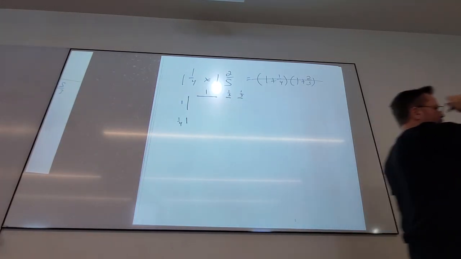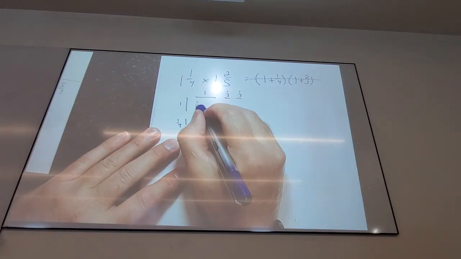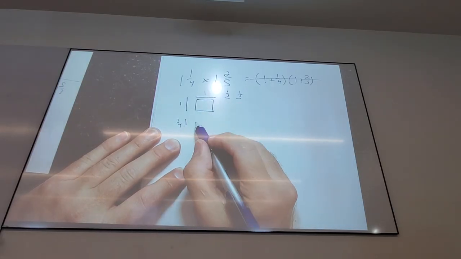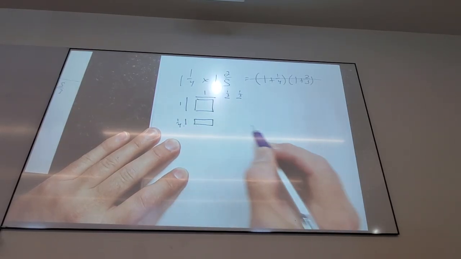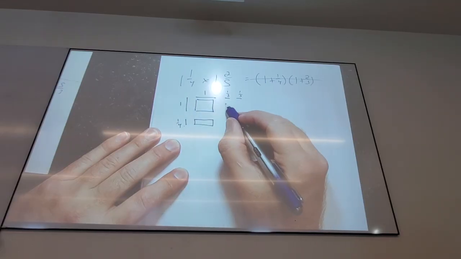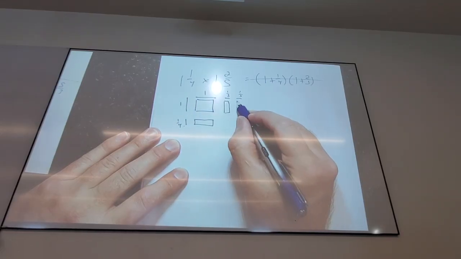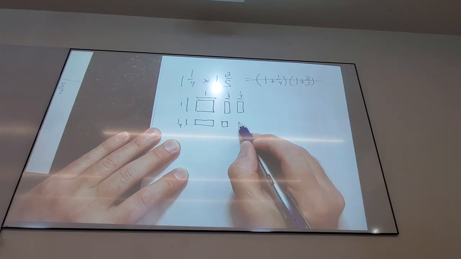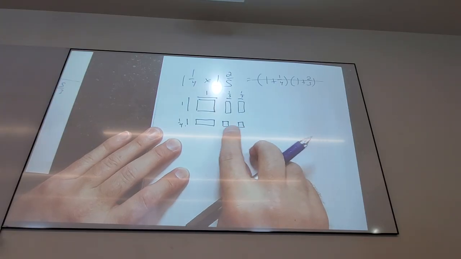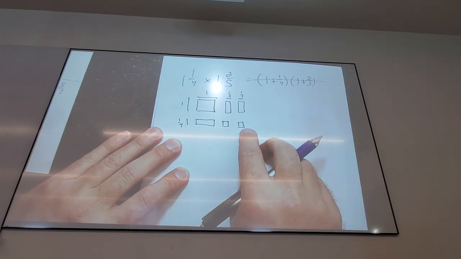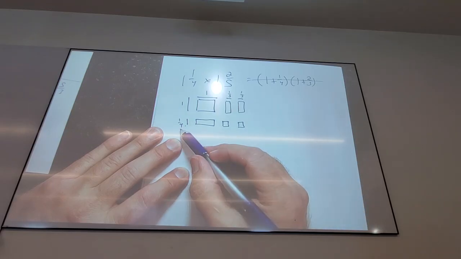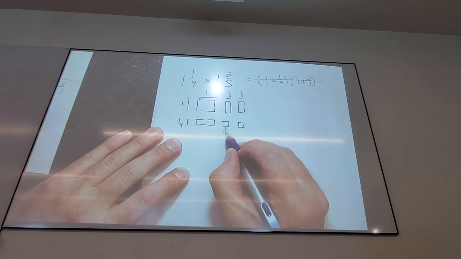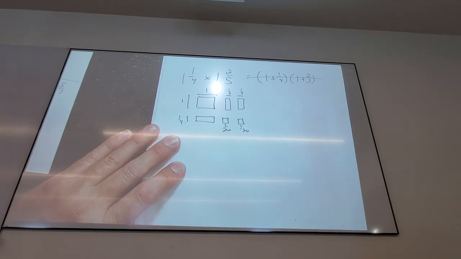So 1 times 1 makes a flat like this, yes? 1/4 times 1 makes a piece, 2/5 times 1 makes a piece, and 1/5 times 1/4 makes something this big. How big is each one of those though? 1/4 times 1/5. 1/20th, okay.